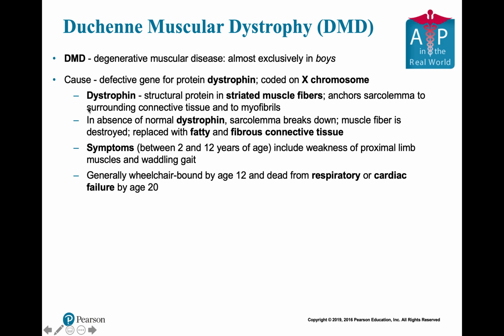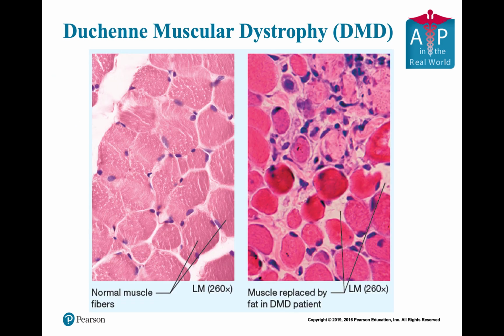No, but I just think this is a neat application for applying what you just learned about the structure of skeletal muscle cells and myofibrils and the connective tissue investments. All right. And this is just showing you a histology image of healthy muscle fibers and then the Duchenne's muscular dystrophy, where you see muscle cells being replaced by fibrous tissue as well as fatty tissue.